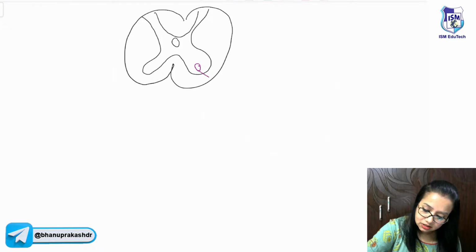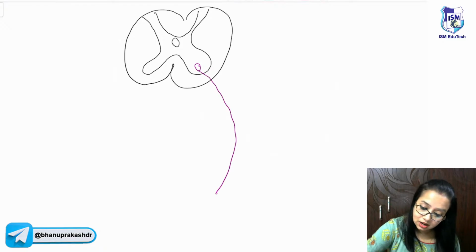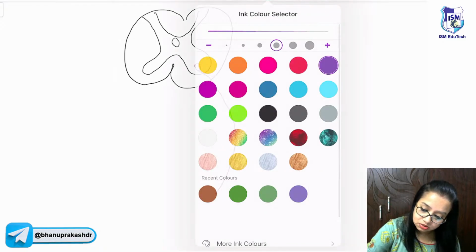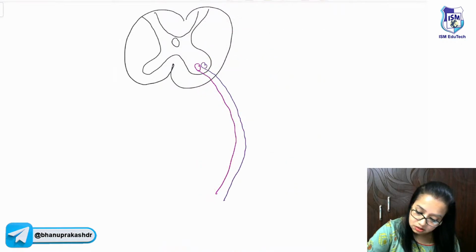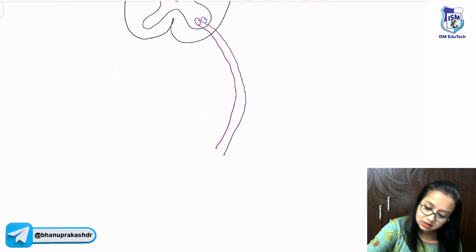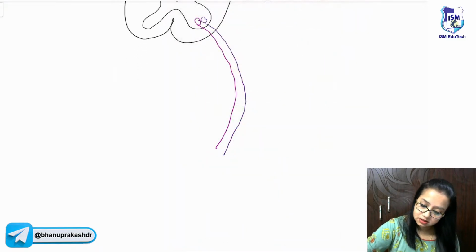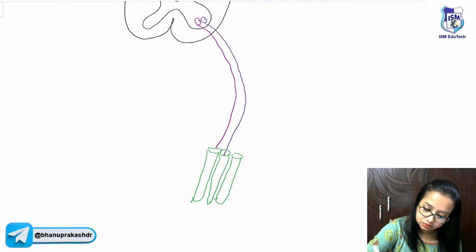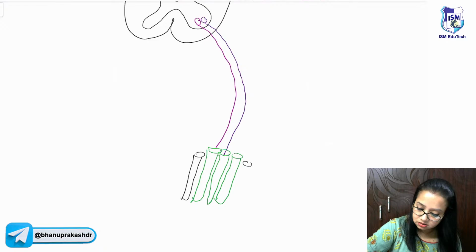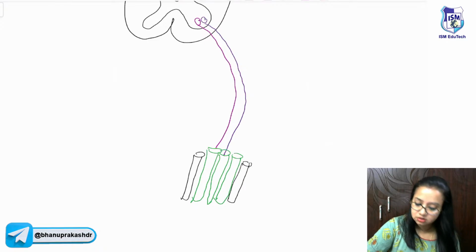So these are the spinal alpha motor neurons, which are going and innervating various muscle fibers. This is how they look.